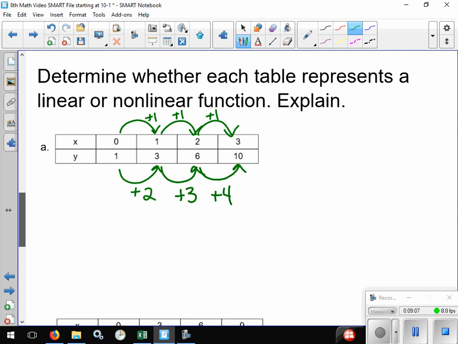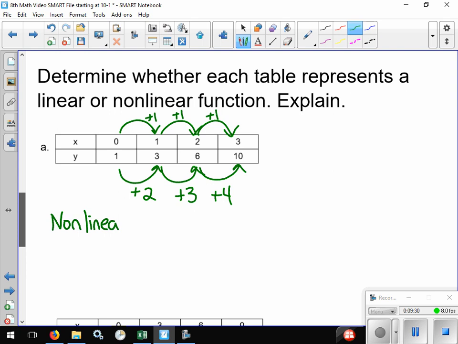So is that constant? No, it is not constant. I'm trying to give you time, I want you to really think about it for yourself. But no, obviously that is not constant. So that's nonlinear.